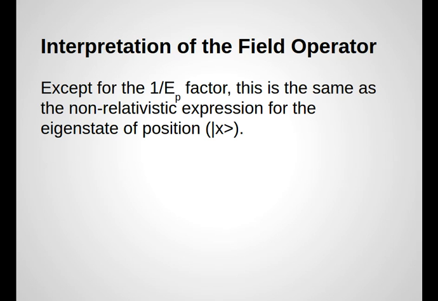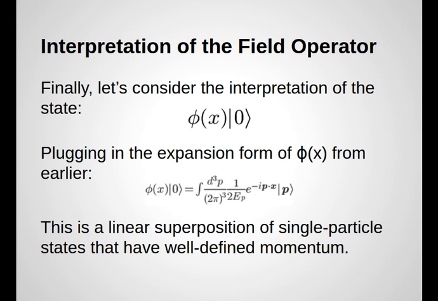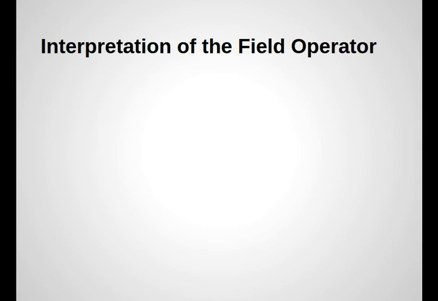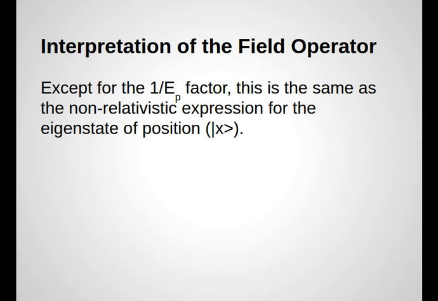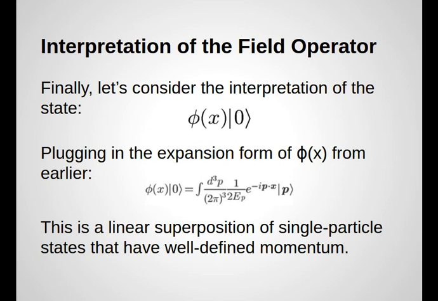All right. And what you notice, besides this factor of 1 over E_p, is different, okay? That we don't have in non-relativistic quantum mechanics, right? But if we were to take the non-relativistic limit of this expression, what happens? That 1 over E_p just becomes a constant, right? It goes like the mass.